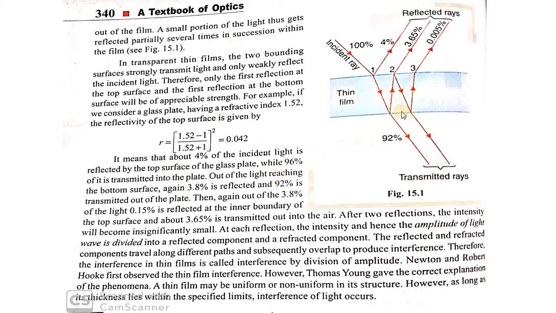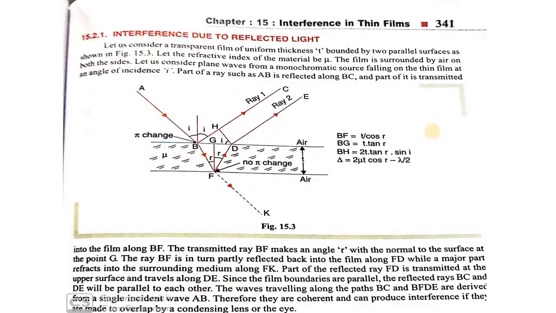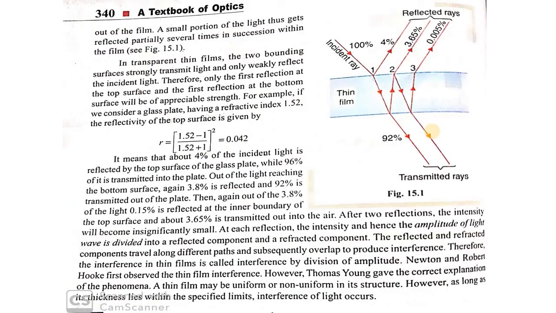Again, out of 3.8, 1.15 is reflected back at the inner boundary and 3.65 is transmitted. And out of the 3.8%, 3.56 is transmitted and 0.015 is reflected. After two reflections, this process is repeated, and the intensity of the reflected light goes on decreasing.